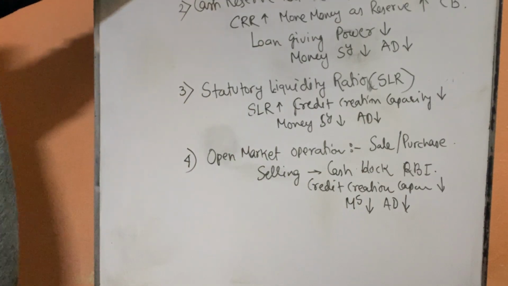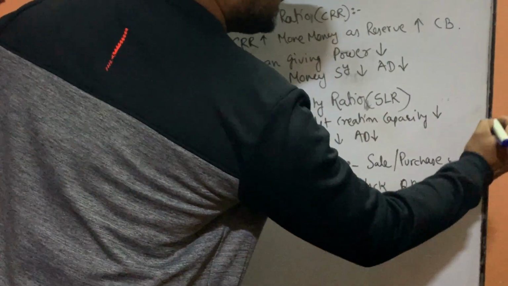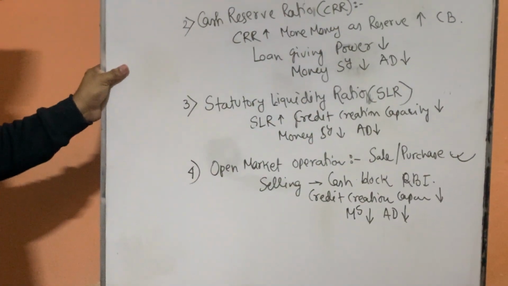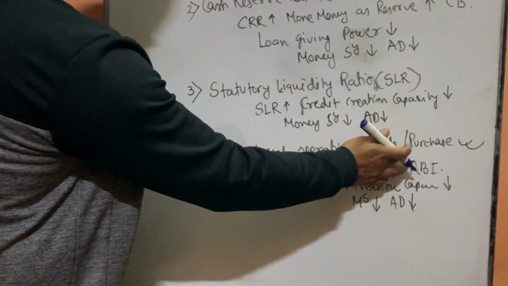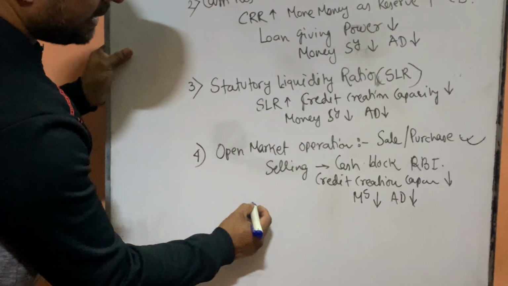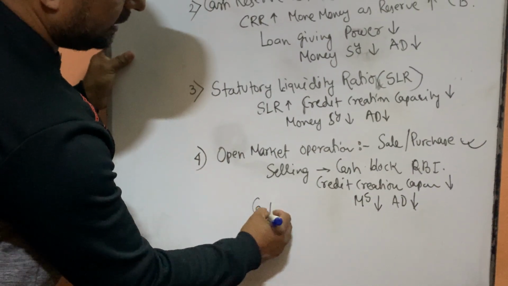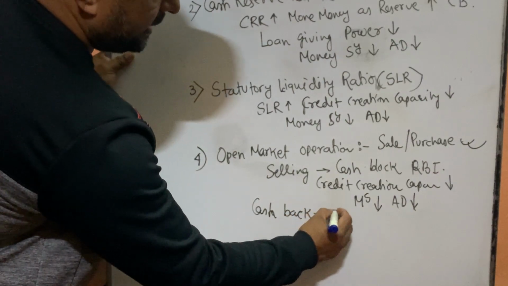Just the opposite happens in deficient demand. In deficient demand, the central bank starts purchasing securities from the open market through commercial banks. The central bank is purchasing securities from the commercial banks, and commercial banks are getting their cash back from RBI.